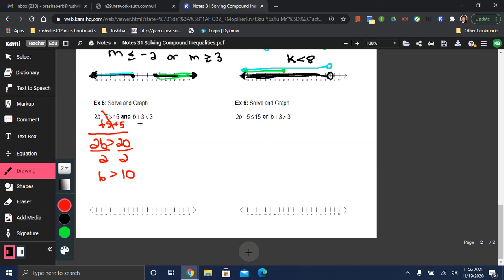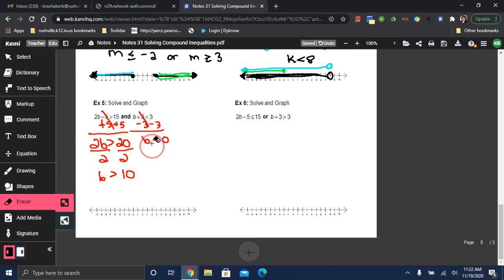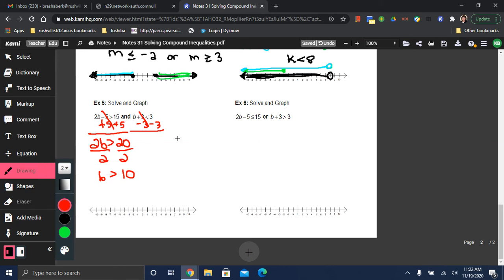All right, then this one we'll subtract 3 from both sides of the inequality, and that'll cancel. That'll give us b is less than, and 3 minus 3, which is 0. I'm going to fix that less than just a little bit. So b is less than 0.